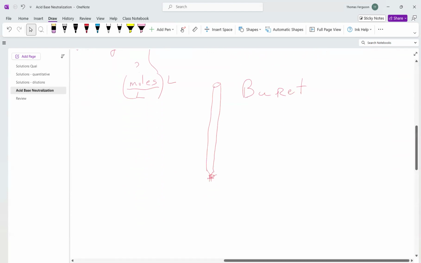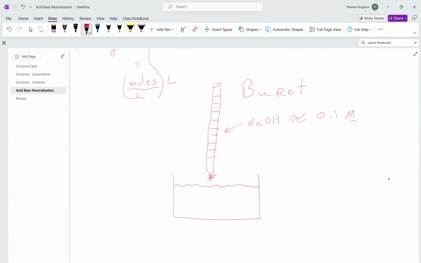It's calibrated in milliliters. Okay, so we're going to put the sodium hydroxide solution you made up, approximately 0.1 molar solution. You're going to make up 500 milliliters of it. You're going to put that in the burette. Down below is going to be the KHP.